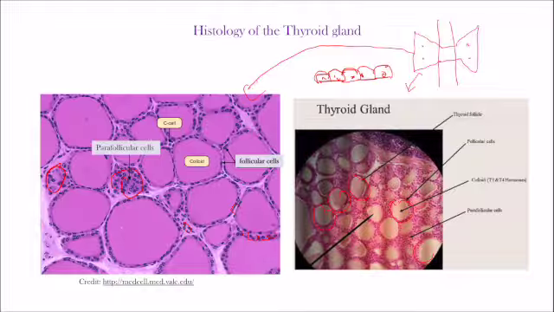You see around the spherical structure the follicular cells. They're filled with colloid. These cells produce the hormones T3 and T4, which are released inside the follicle. Commonly we call one of them thyroxine. You've heard about thyroxine.